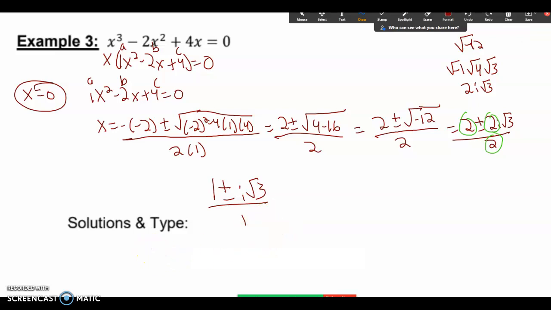So my solution types would be x equals 0, and that'd be rational, and x equals 1 plus i square root 3, and x equals 1 minus i square root 3. And both of those would be complex.